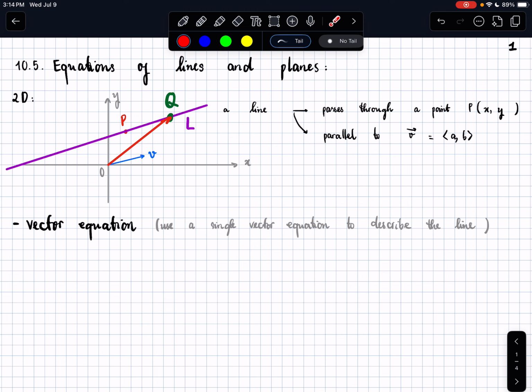Vector OQ can be computed via OP plus PQ.